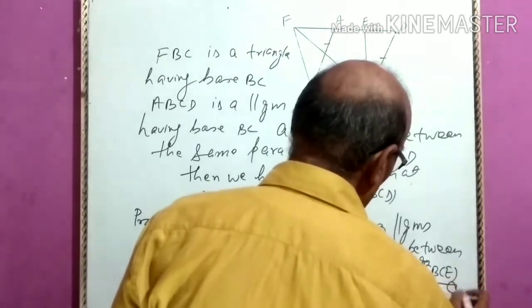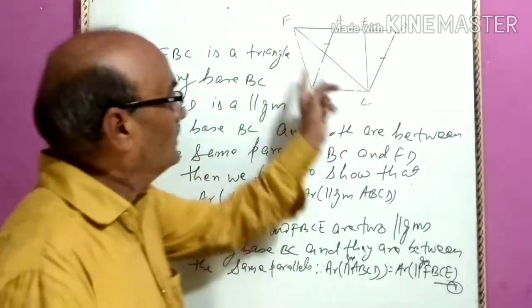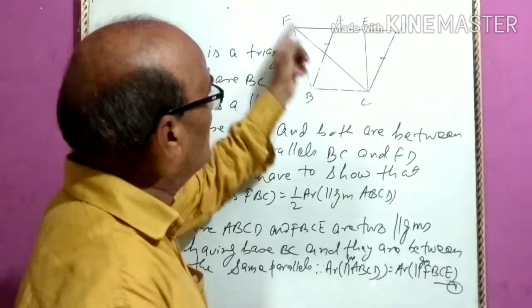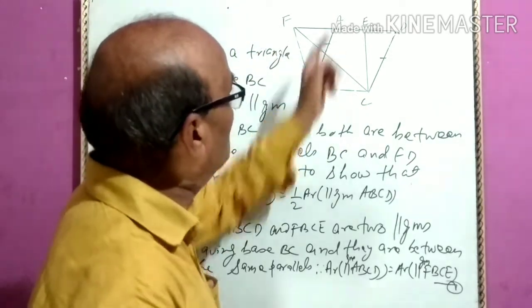Okay, take it one. Now, let us see what is FC. FC is a diagonal in a parallelogram FBCE.